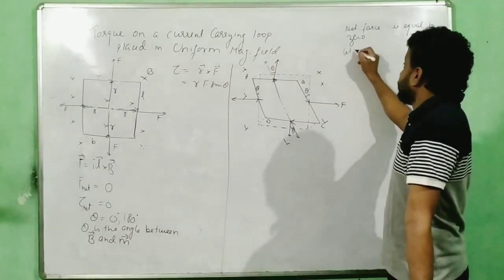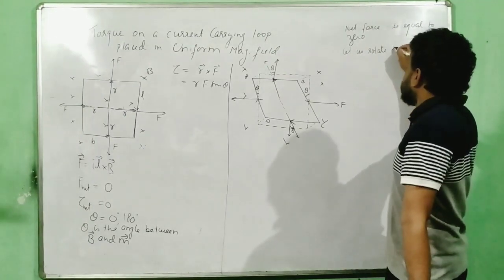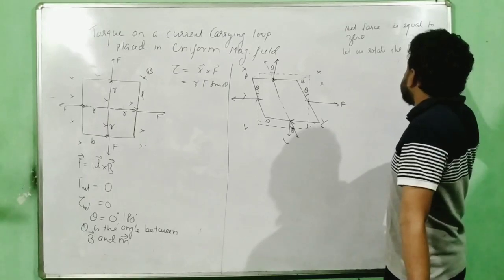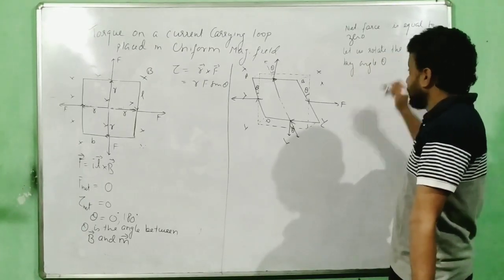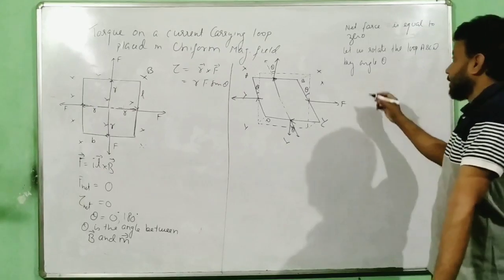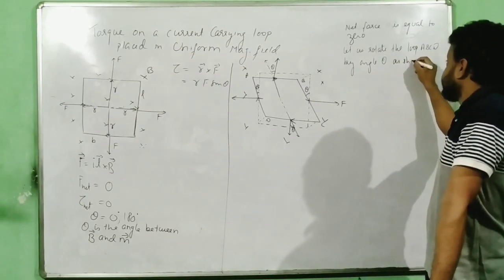Let us rotate the loop ABCD by angle theta, as shown in the diagram.